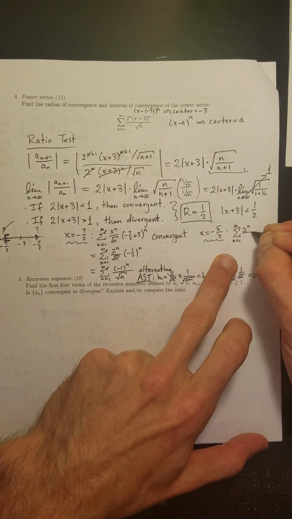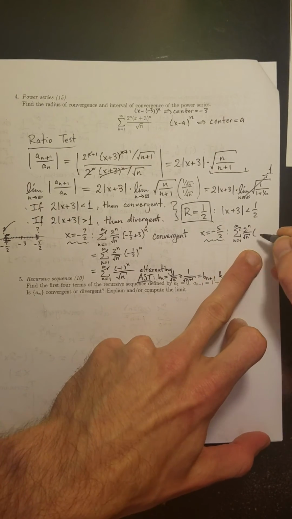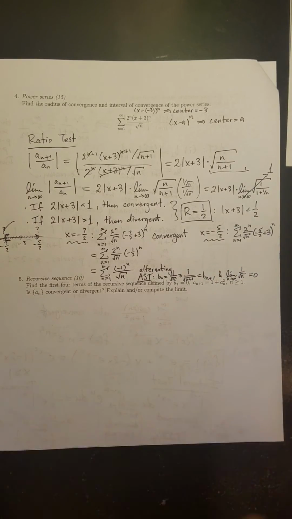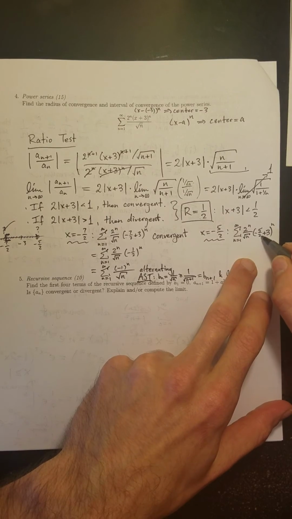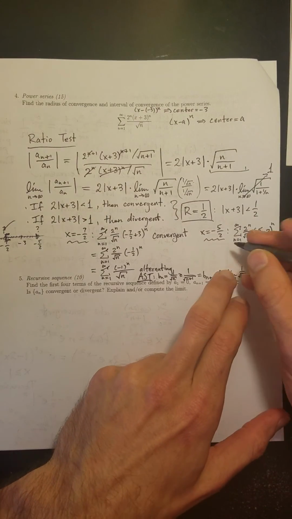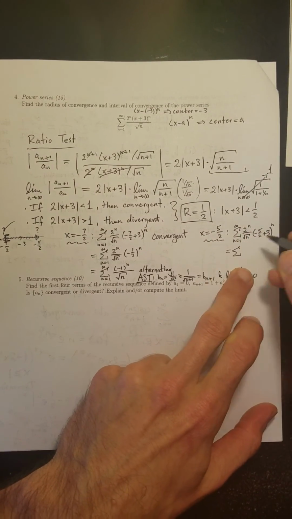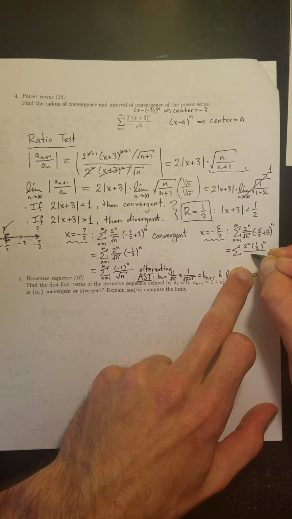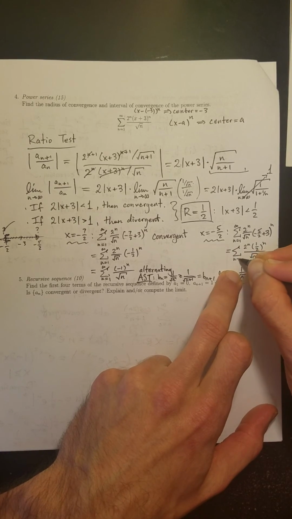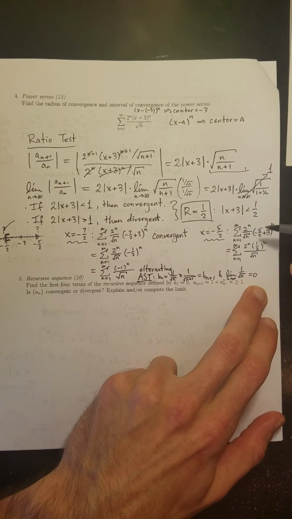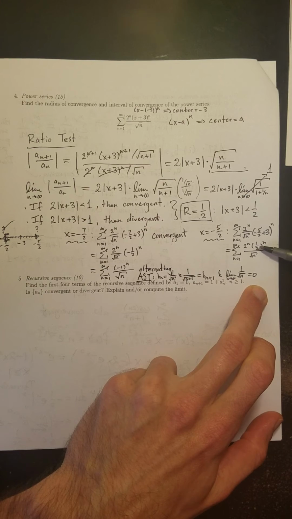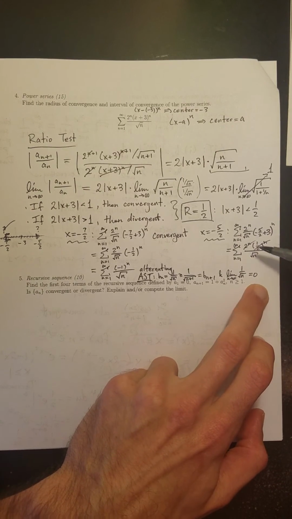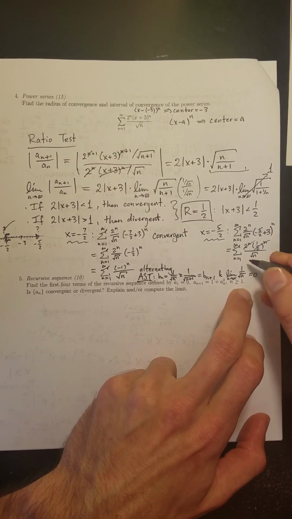So we have 2 to the n over square root of n times -5/2 plus 3 to the power n. And -5/2 plus 3 is just positive 1/2 this time. So this series turns into 2 to the n times 1/2 to the n over square root of n. It's pretty obvious that 2 to the n times 1/2 to the n just cancel, and we'll be left with a p-series.